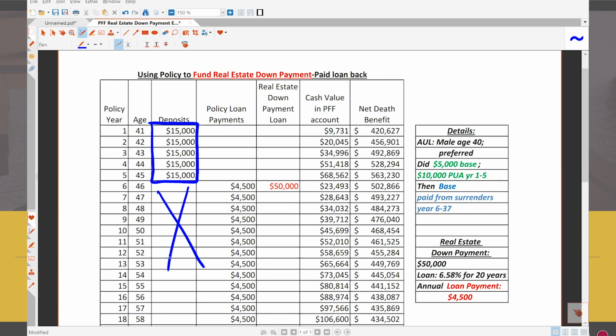I'm not suggesting that you should stop funding your policy. That would be foolish. In 9 out of 10 cases, it would be very foolish to do so, because you're going to get so much more growth if you continue to fund it out of pocket. The reason that you'll see examples like this where we stop paying the premium is simply because we want to isolate what we're doing with the policy to show you that banking, borrowing and repaying from our policy really produces a profit for you.